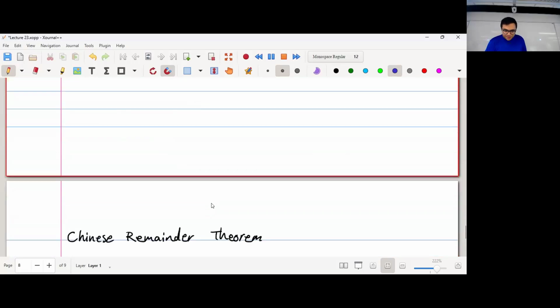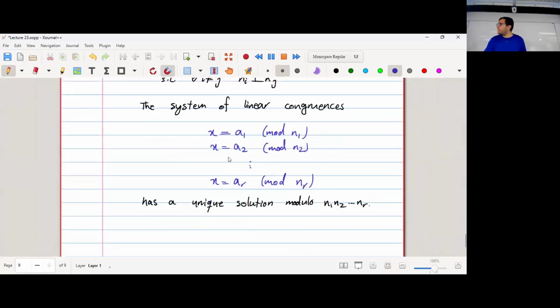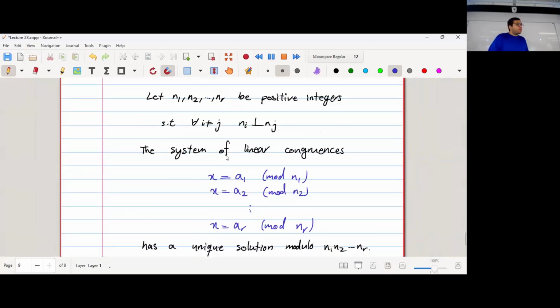Okay, let's go back to this one. So, because every linear equality that I wrote before is equivalent to this, this is an extension. Now I'm saying instead of two, I have R equalities. But why does this hold? Why does it have a solution and why is the solution unique? Well, take the first two and just merge them into one.